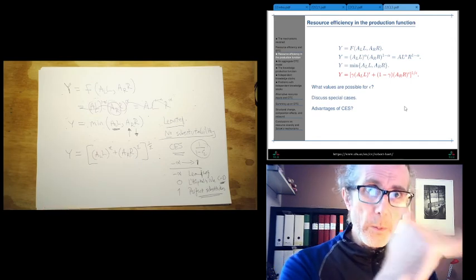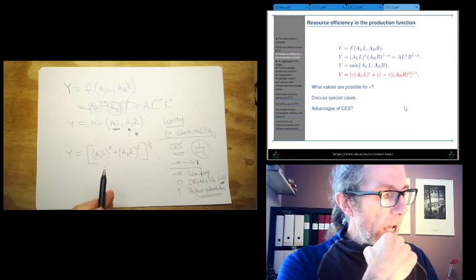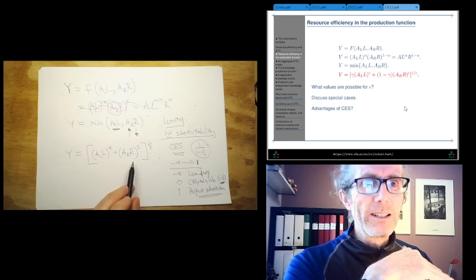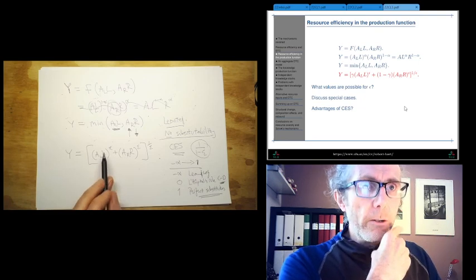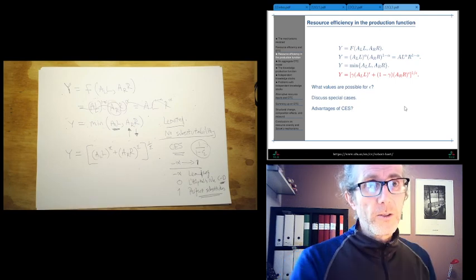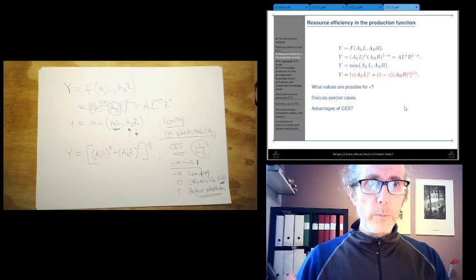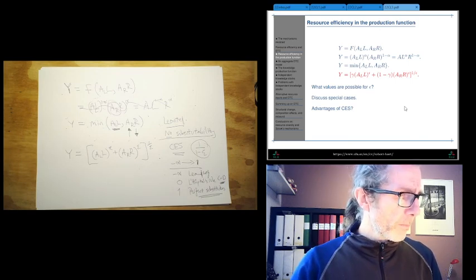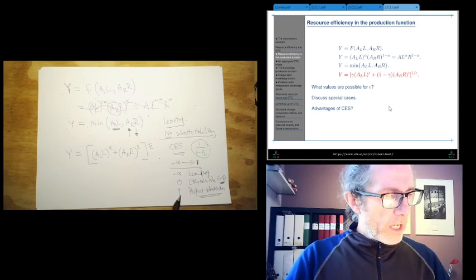When things aren't perfect substitutes, it's like, do you want some more L? Oh no, I've already got loads of L and I've hardly got any R. I'd really much rather have some R. That kind of reasoning doesn't apply when you have perfect substitutes, because it doesn't matter how much of one you've got compared to the other. So it's just the relative prices that matter. Okay, so those are some special cases.